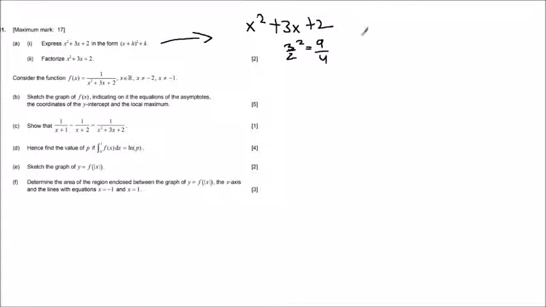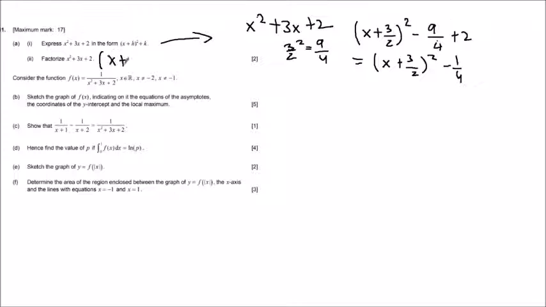So you will have x plus 3 over 2, squared, and then plus 9 over 4, so you have to minus 9 over 4, and then plus 2. This will get you x plus 3 over 2 squared minus 1 over 4. h is 3 over 2 and k is minus 1 over 4. Okay, factorize this. This is easy enough. Just x plus 2, x plus 1. No need to show work.